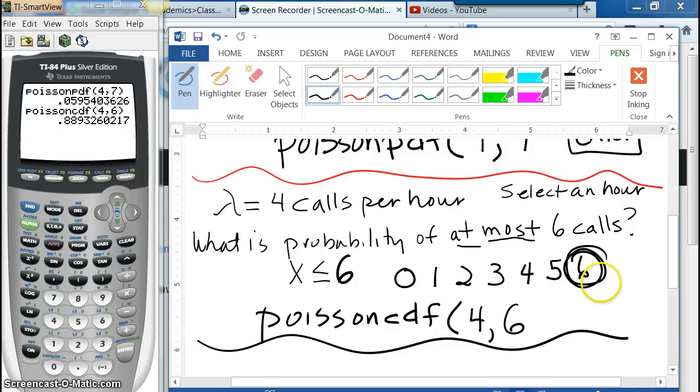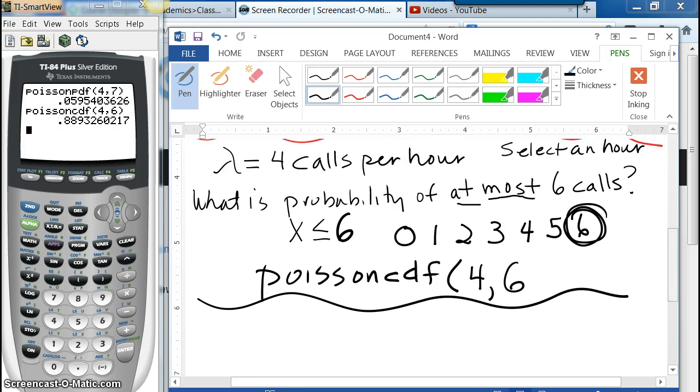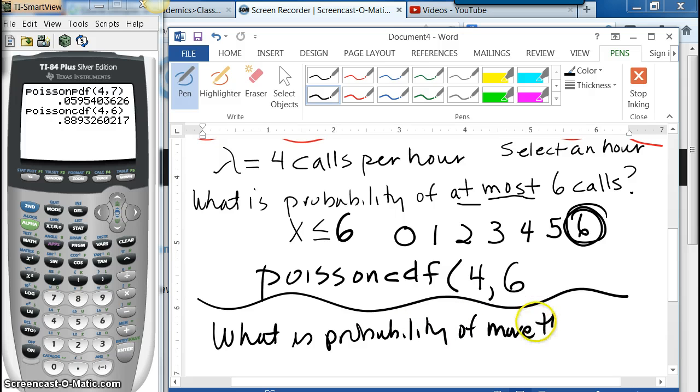The Poisson CDF, again, accumulates from the number that you give it downward. It's like doing separate PDFs and then adding them together, but it starts with the number you give it downward. So if the question had asked something like, what's the probability of more than, let's say more than 8, you're asking this question, more than 8.